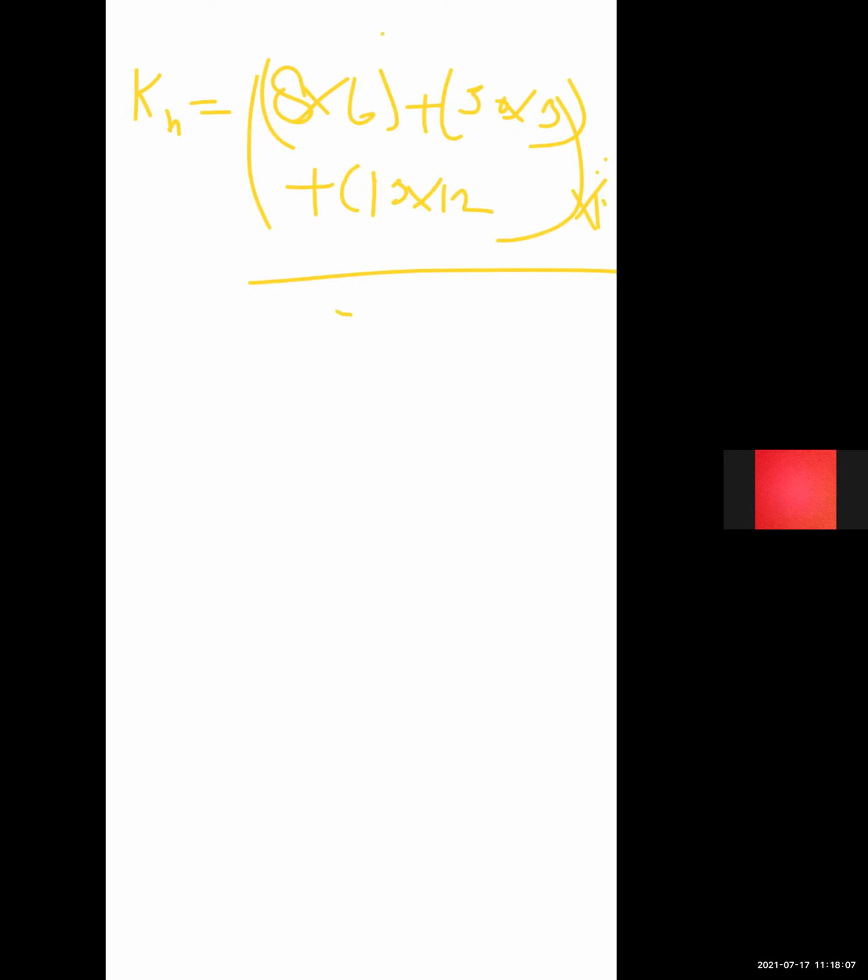the total height. Height is total 21. So 48 plus 150 plus 180, this total value is 378 by 21 into 10 to the power minus 4, and this value equals 18 into 10 to the power minus 4 centimeter per second, not centimeter per second square.